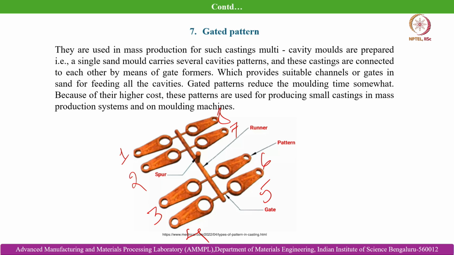So simultaneously we are getting multi cavity parts, that means multiple parts can be manufactured by one casting cycle, and all the gating geometries are attached with the components. So, we need not create any gating parts of the mold cavity separately after utilizing the pattern for mold making. This is the usefulness of the gated pattern.